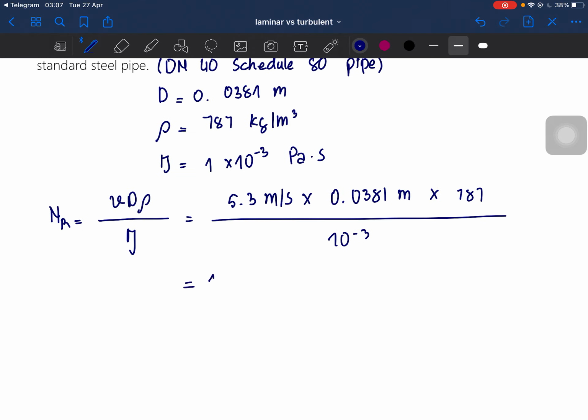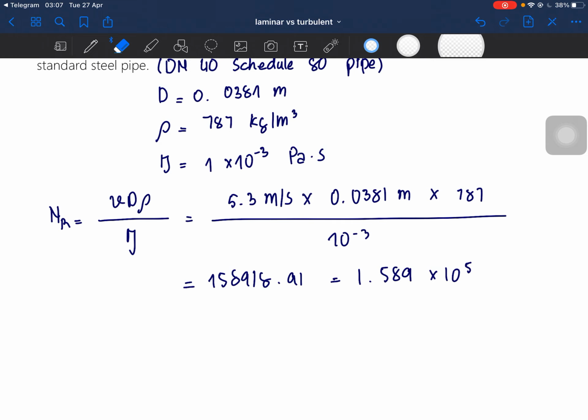The number is too large. 15891.91 equals 1.589 times 10 to the power of 5. So it's turbulent. Right now you don't need to write less than or over, because as you can see, if it's over 4,000, it's automatically turbulent.